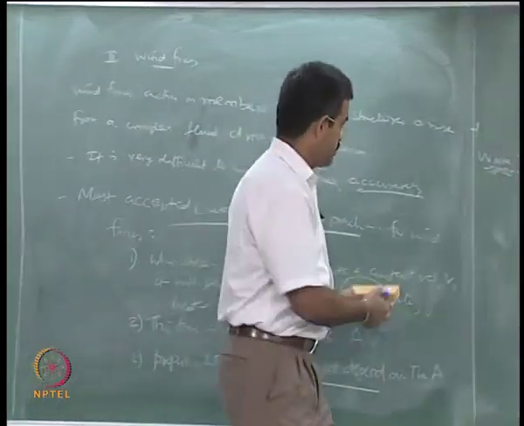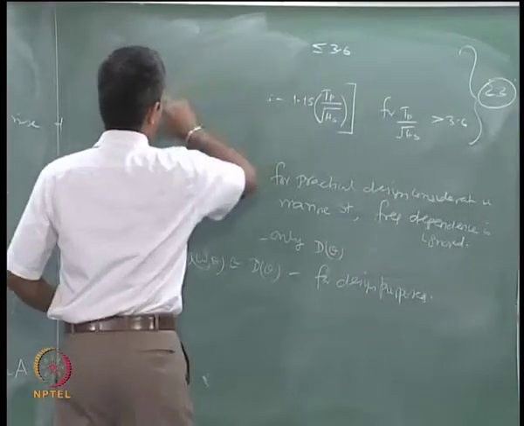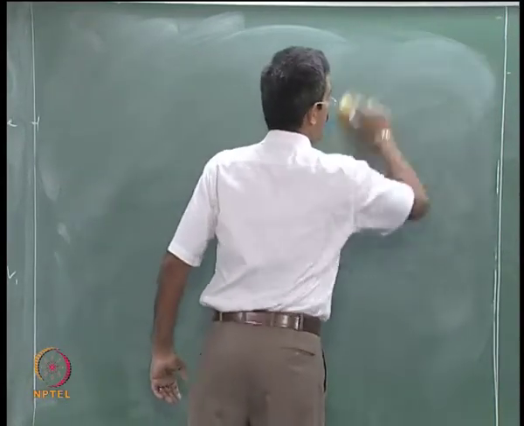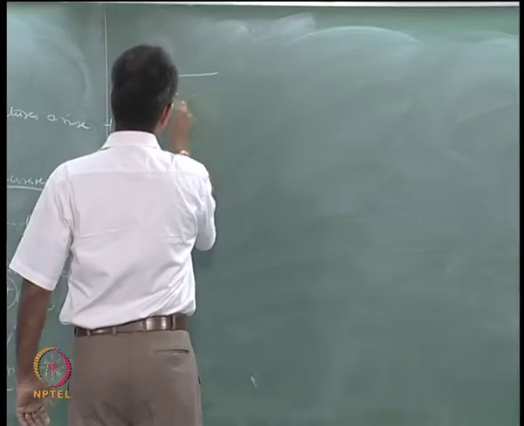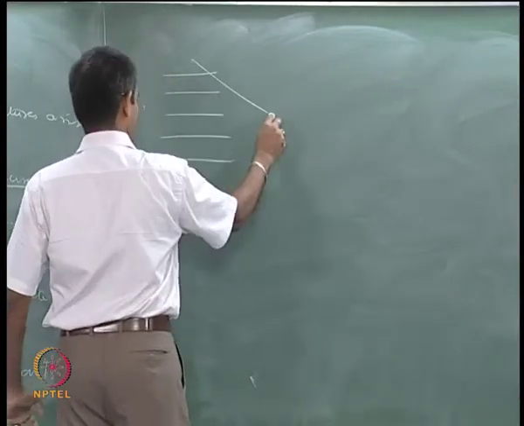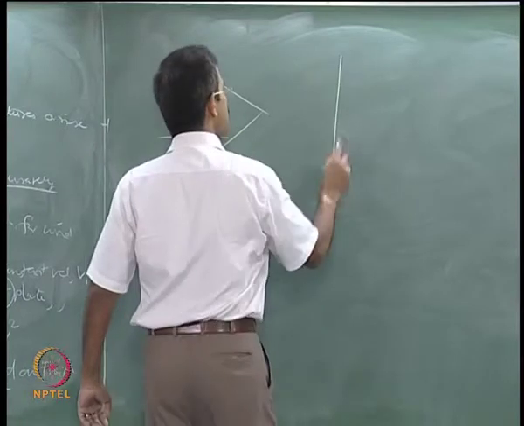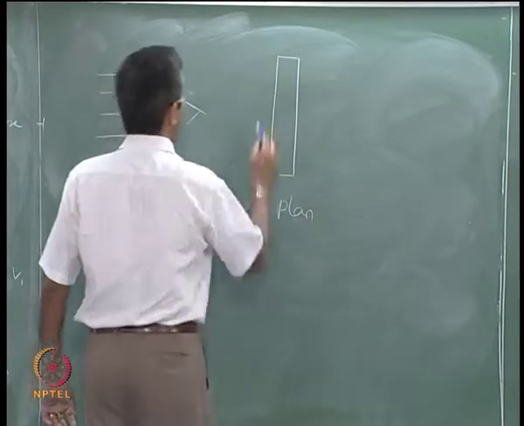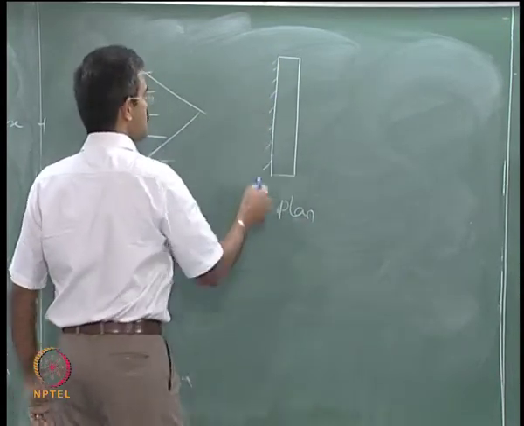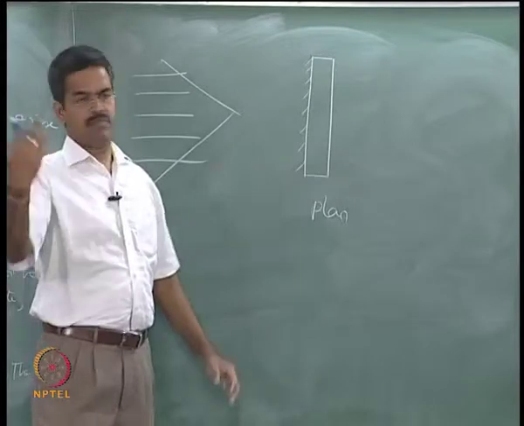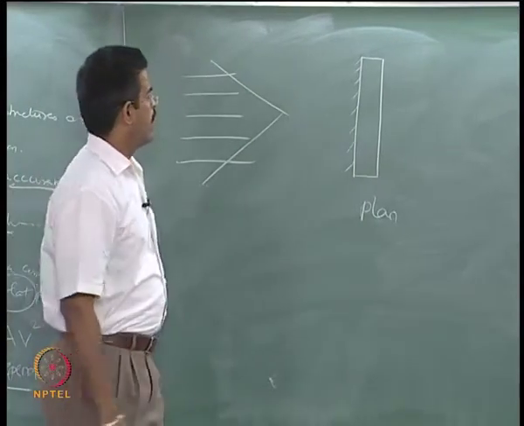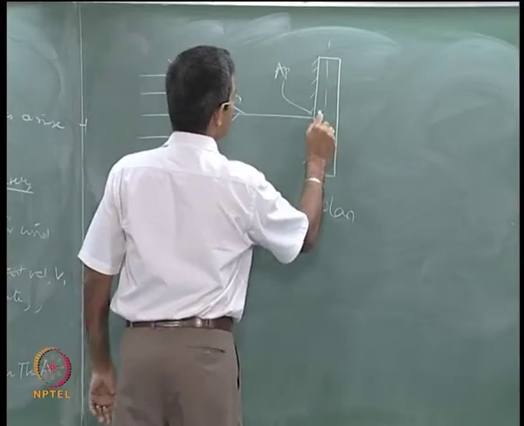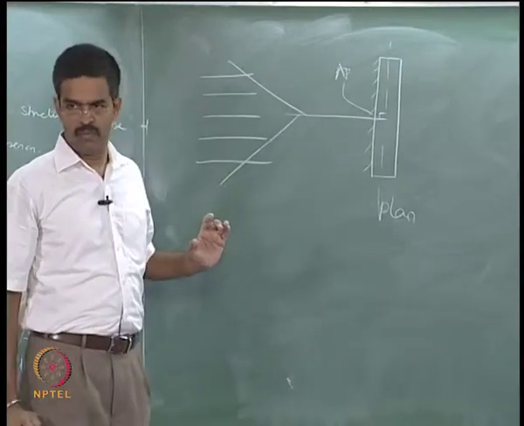For example, if this is my wind flow direction, and this is my member in plan, this is one length and of course the height which is normal to the board, and I call this as my projected area because the axis of the member is normal to the directional flow of wind.